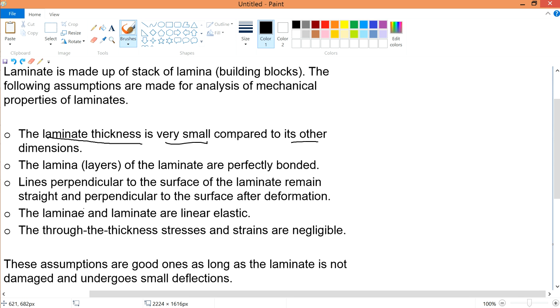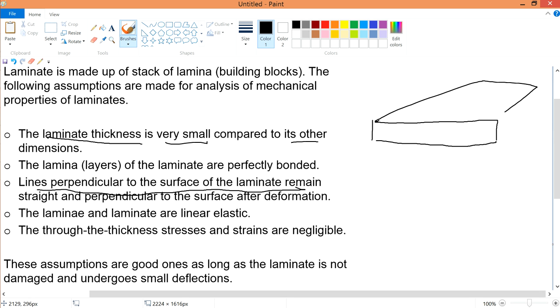Next, lines perpendicular to the surface of the laminate remain straight and perpendicular to the surface after deformation. I believe this refers to the thickness of the laminate. This is the view if you were to go into 3D, so I do a 2D one.